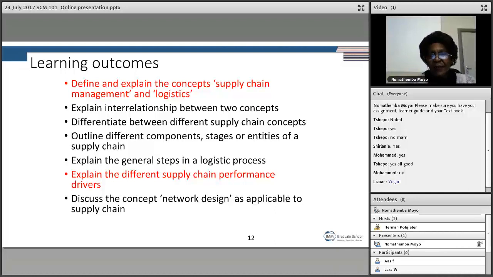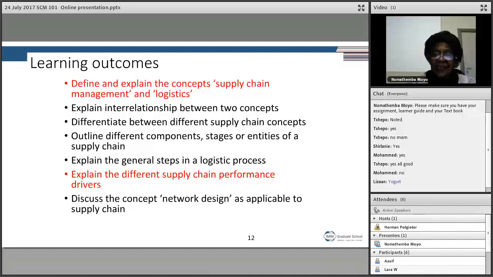The learning outcomes. If you note, we have several learning outcomes, but you note that some of your questions, like your first question, has to do with defining the concepts, supply chain management and logistics.